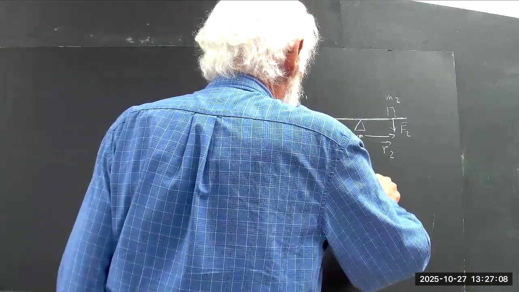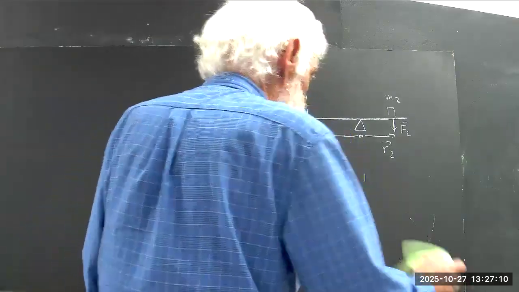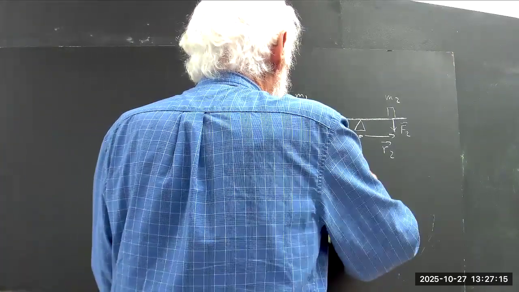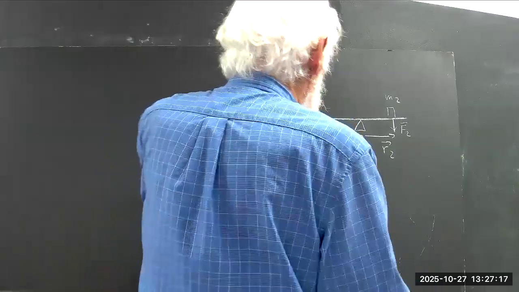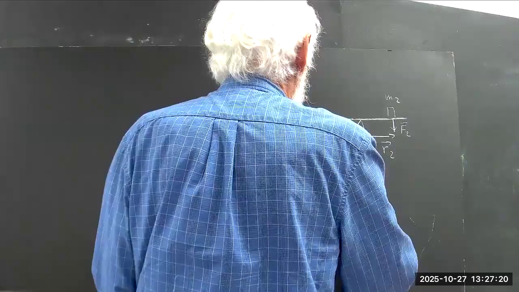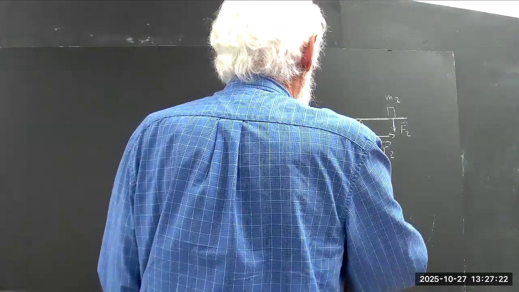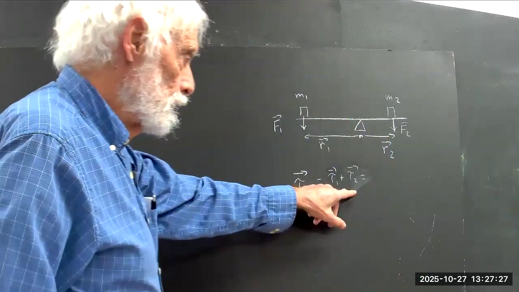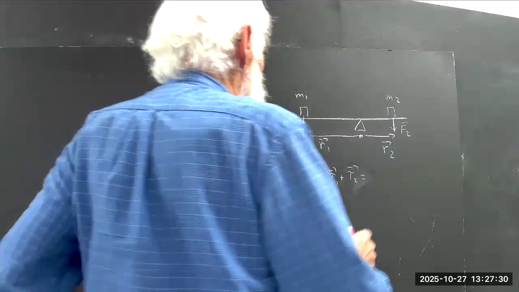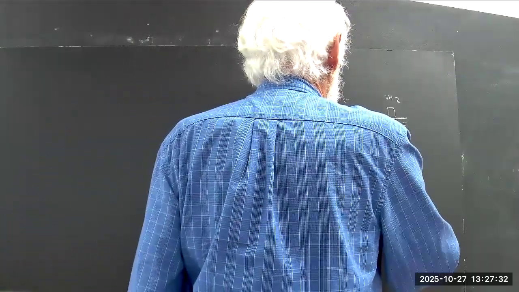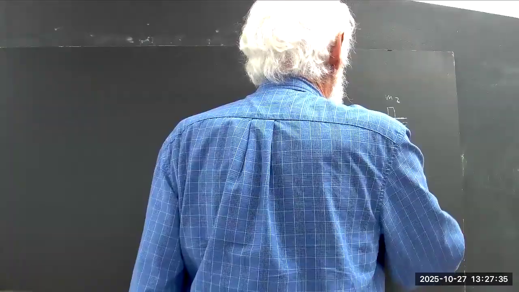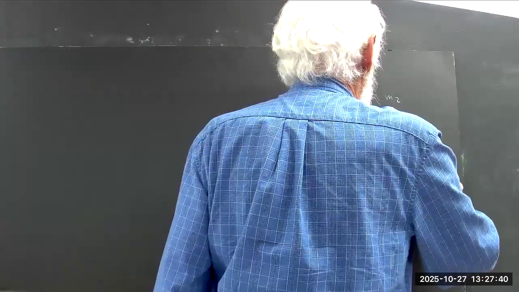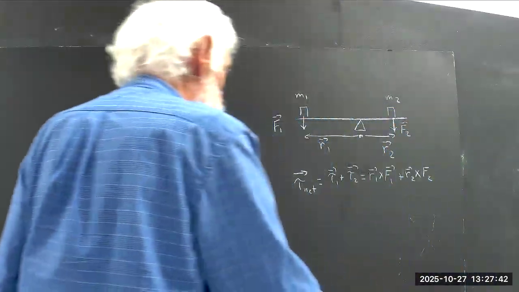Well, it's that. Actually, let me write that in a little more detail. It's tau 1 plus tau 2 equals R1 cross F1 plus R2 cross F2.